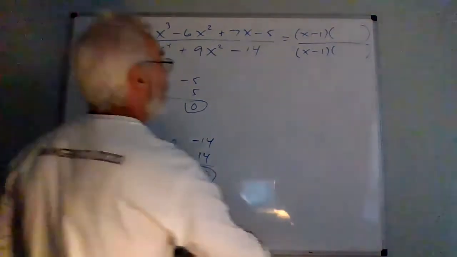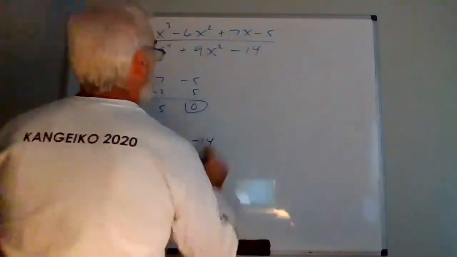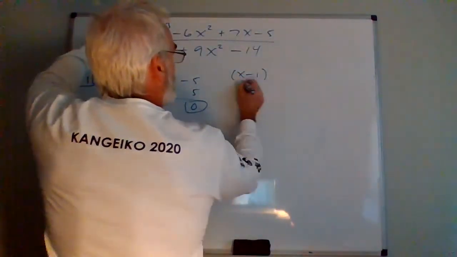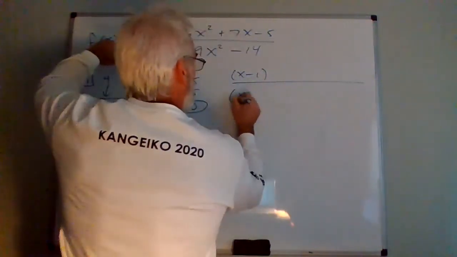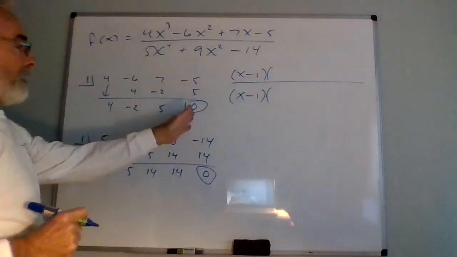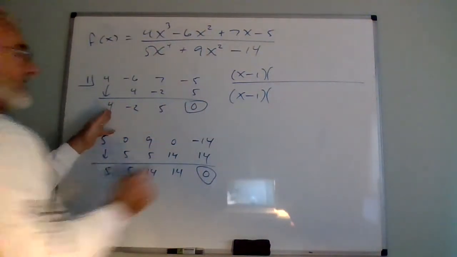So now I will go ahead and write the complete factorization of numerator and denominator here. This term has an x minus 1. The bottom has an x minus 1. So what's left? And that's the remainder. So the constant, the linear, the quadratic term.